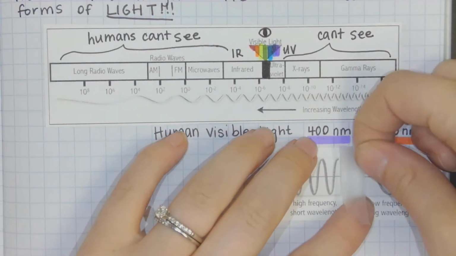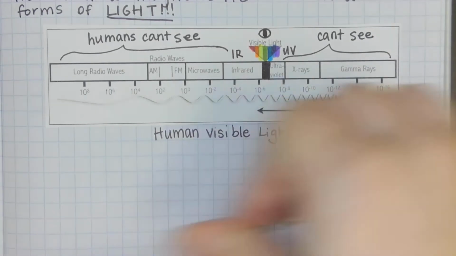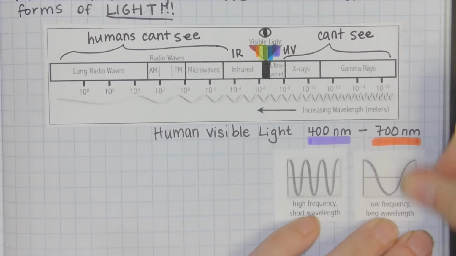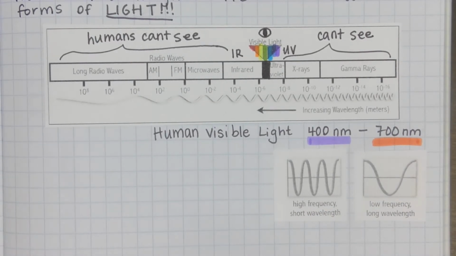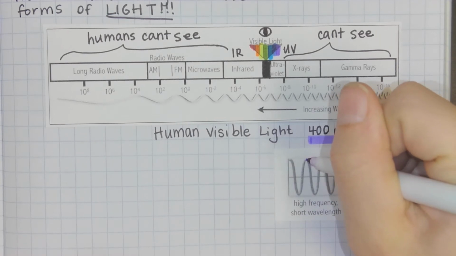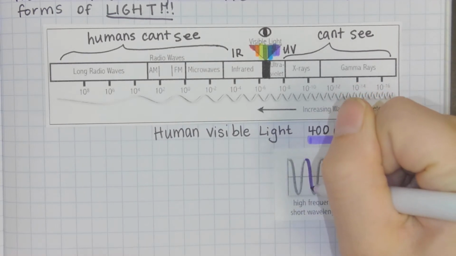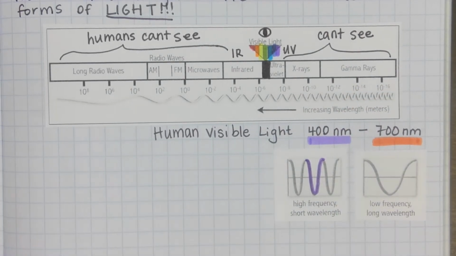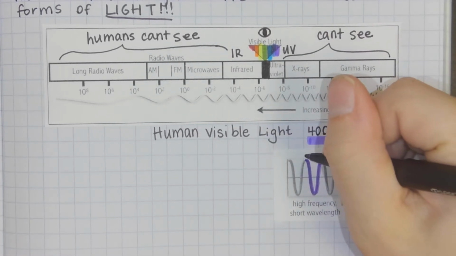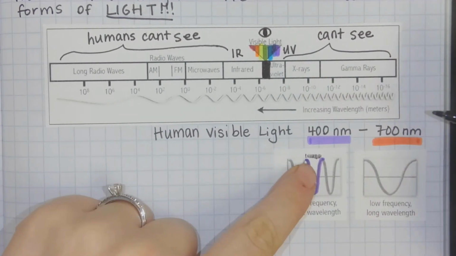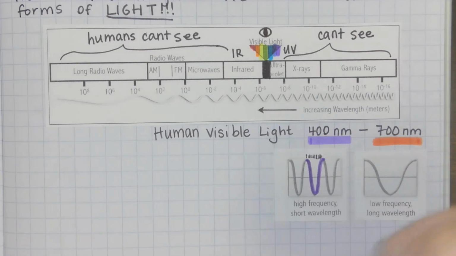Let's see, how am I going to tape this? Just like that. When I look at a purple wavelength from crest to crest, I would only be able to count 400 little spaces between there.